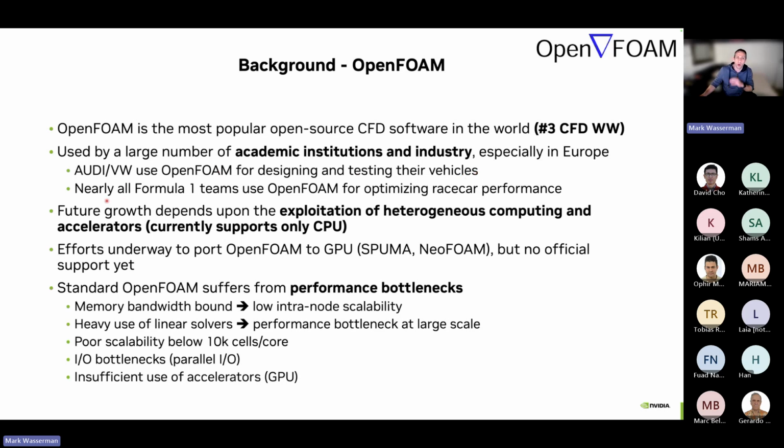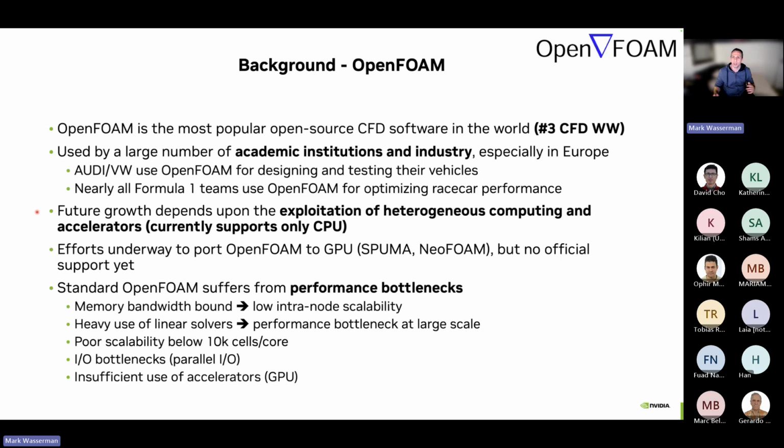And as I mentioned, nearly all Formula One teams, Formula One is, for those of you who do not know, probably the most important car race in the world, use OpenFOAM for optimizing their race car performance. So this just gives you a sense of how important this software is.